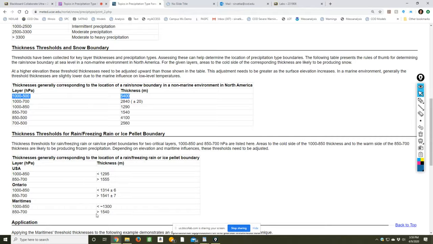If it's warmer, it's thicker, and that usually means it's going to be rain. If it's thinner, therefore colder, that's usually cold enough to produce snow. So that's what we call a critical thickness. It's 1,000 to 500 millibars in this case, 5,400 meters. That's something that you need to write down. That's the critical thickness.